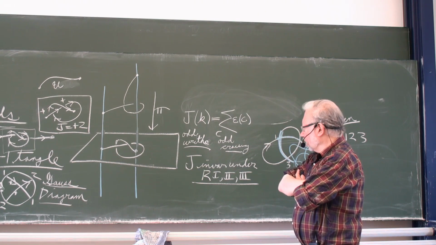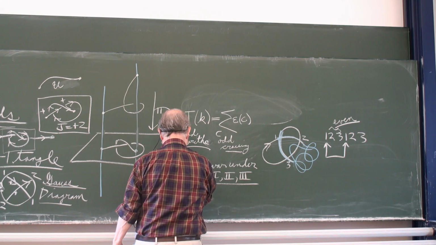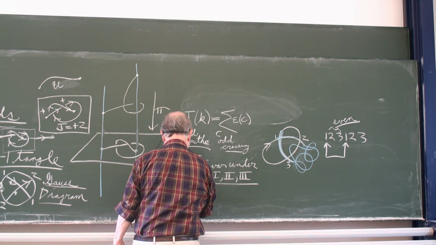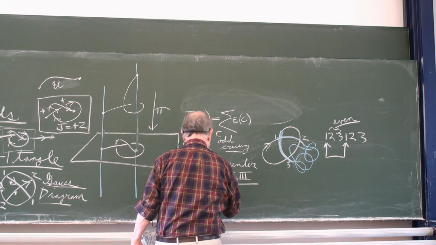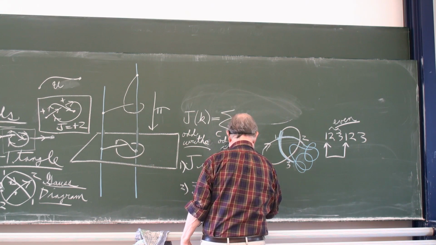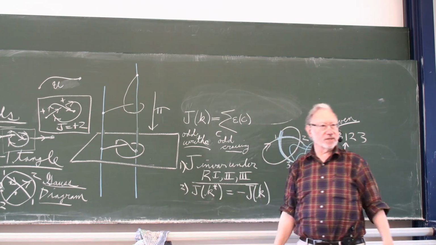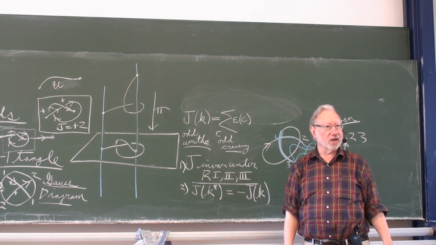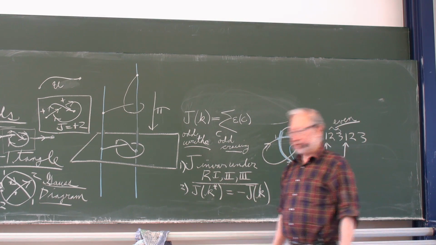And furthermore, what else do we know about it? So it's invariant. J of the mirror image is equal to minus J of the natoid, where the mirror image means you switch all the crossings. Because you switch all the crossings, you change all their signs. So you changed every sign that was in the formula, and so it changes sign.